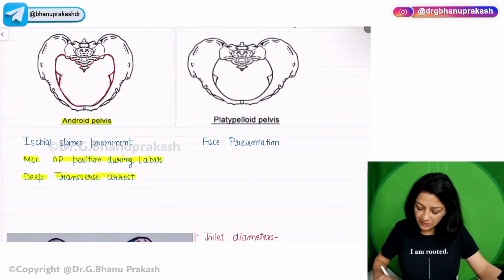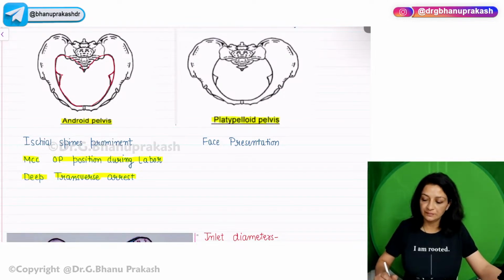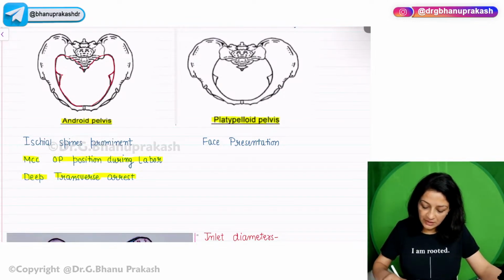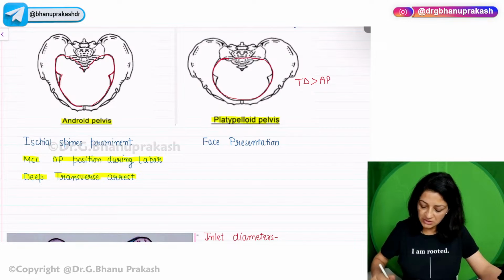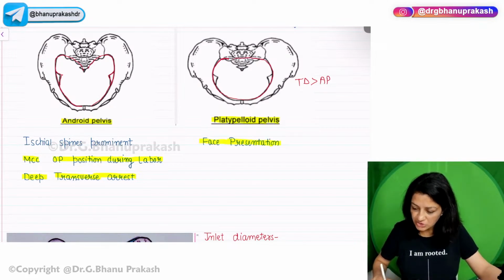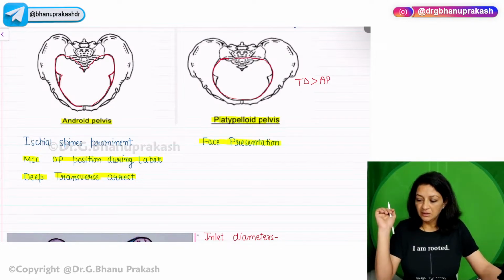Next one is platypelloid pelvis. How will it be? Cavity flattened, completely flat. Transverse diameter will be more than anterior posterior diameter. Which presentation will we get here?